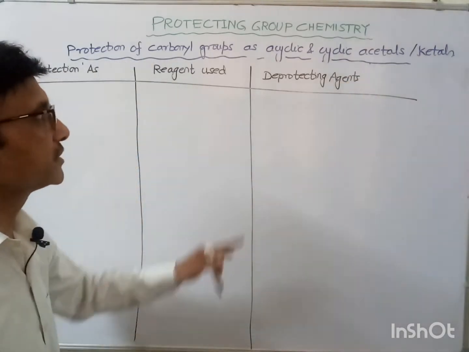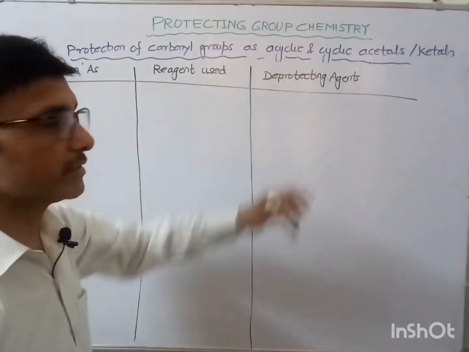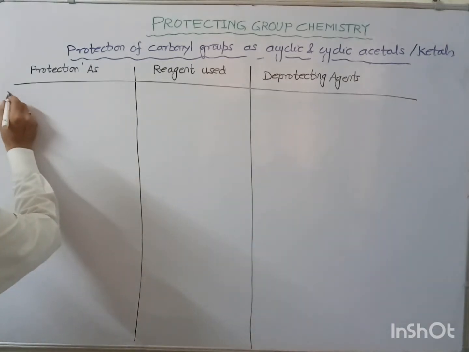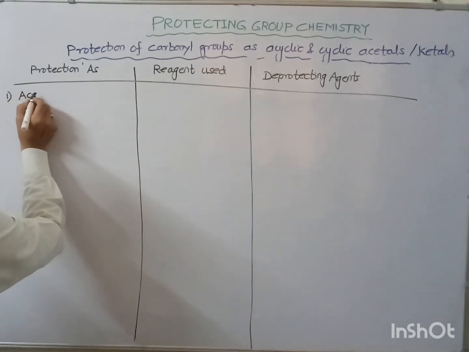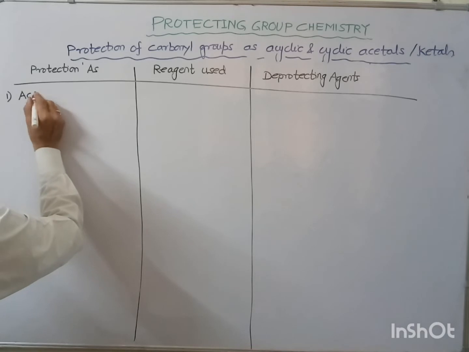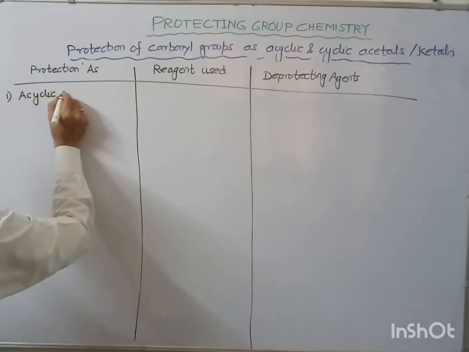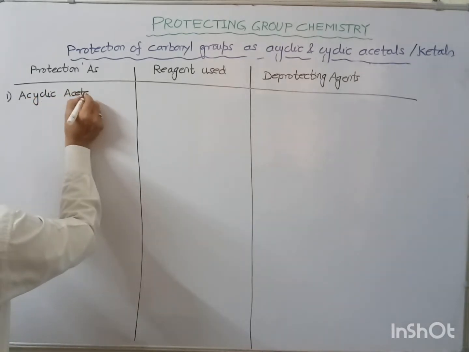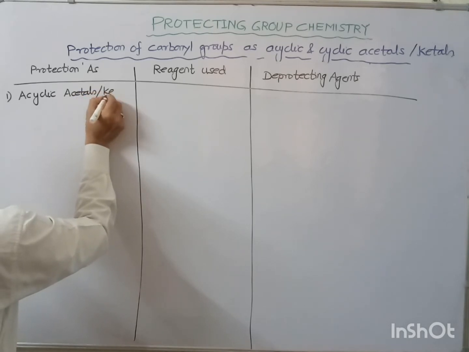First of all we will see the acyclic one, then we will see the cyclic. So acyclic acetals, ketals.